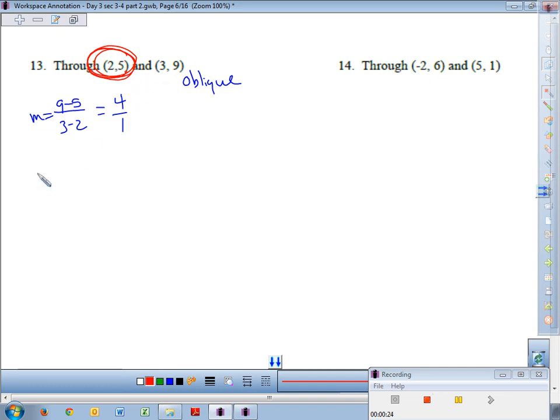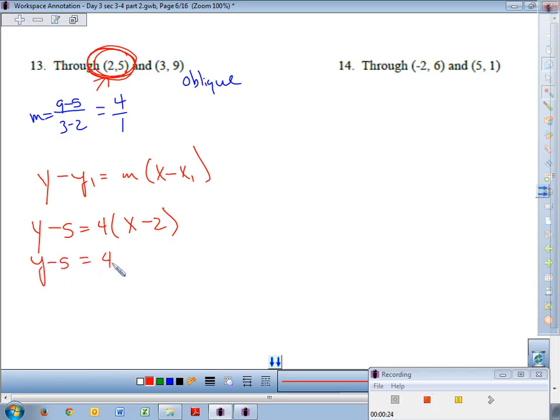I got it. So we'll do y minus y1 equals m times the quantity of x minus x1, where again, remember, x1 and y1 are the ordered pairs that they gave you, so it'll be y minus 5 equals the slope, which is 4, times x minus 2, and then we'll go through and simplify.